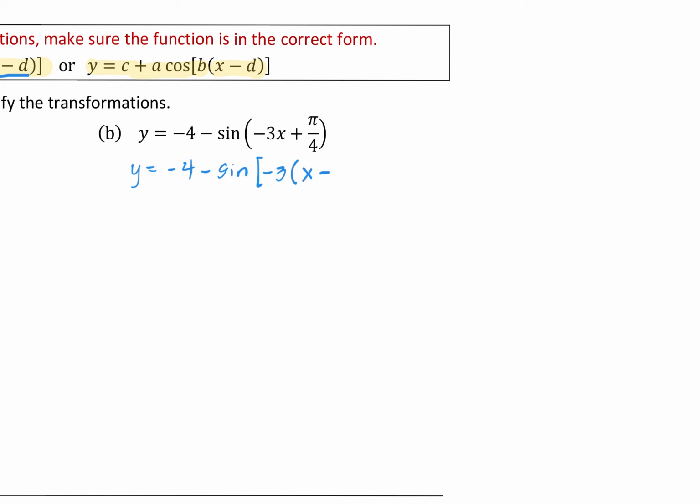We're taking the positive pi over 4 and dividing it by negative 3. That's the same as pi over 4 times negative 1/3, which would give us a negative pi over 12 if I did my math correctly.